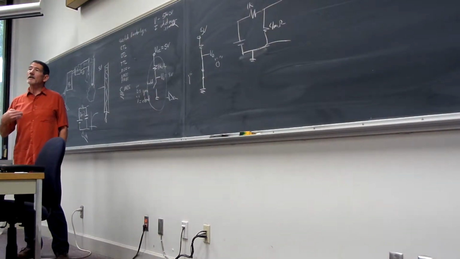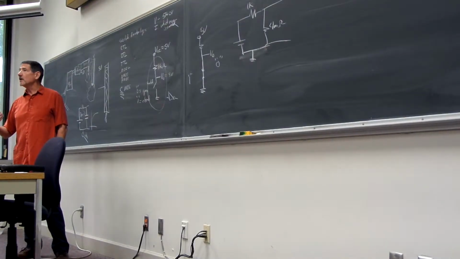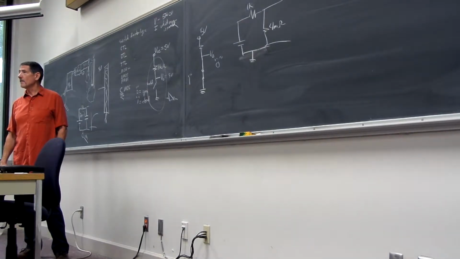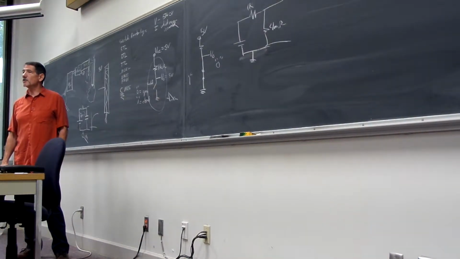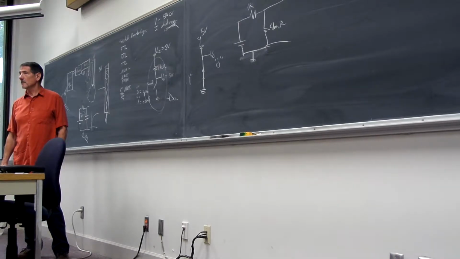When I put in a logic level 1 and get a 0 out, is there any power being consumed by the gate? I'm putting in a logic level 1. How much power is the gate consuming?